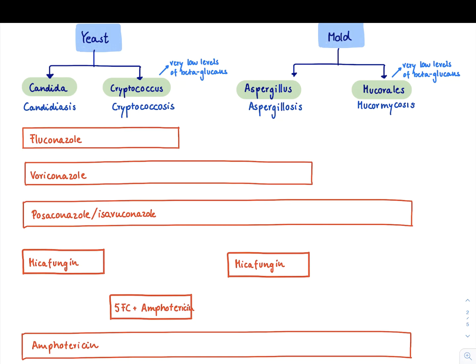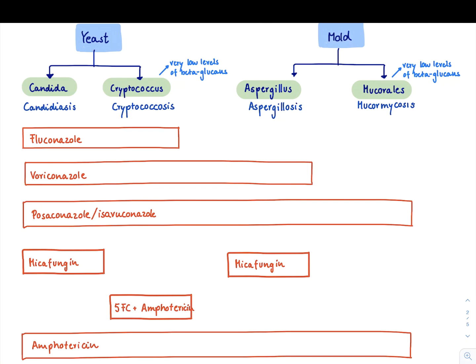The last thing I want to talk about is against which fungi these medications work. And as you know, there's yeast and mold. Yeast is things like Candida and Cryptococci, mold, Aspergillus and Mucorales. I always like to put these azoles into kind of categories. So the older ones, things like fluconazole, they actually only act against Candida and Cryptococci.